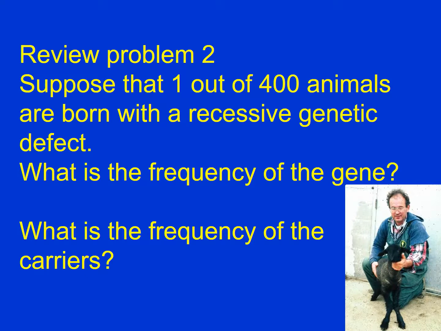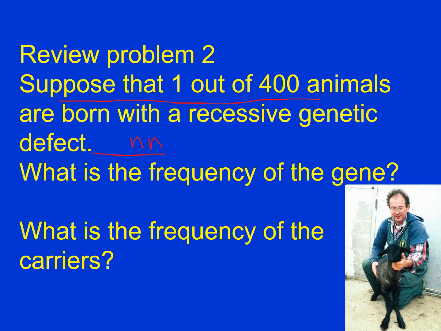Okay, another review problem here, and I think we're going to have to use the Hardy-Weinberg equation for this particular problem. We've got 1 out of 400 animals born with a recessive genetic defect. So it's recessive, so we need 2 copies of that defective gene for it to show up.